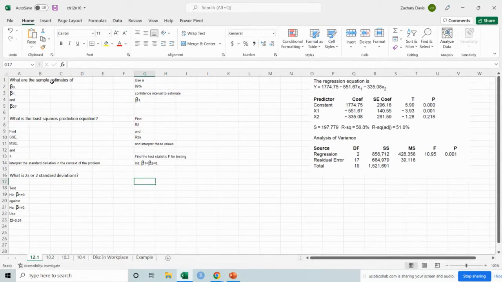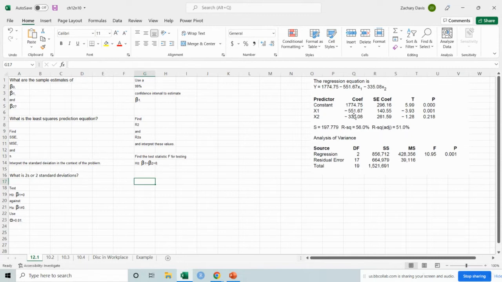What are the sample estimates, like beta 0? Beta 0 is our intercept, and when you get your output, you can look at the regression line if you're given it. You can see the y-intercept is here, 1,774.75, or it's in this column of coefficients. So our beta 0 is 1,774.75. Our beta 1 and beta 2 are our coefficients for the x1 and x2 variables.